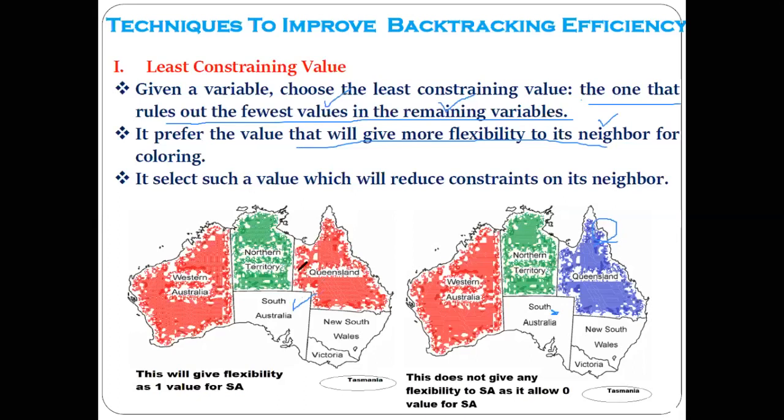For this reason, choosing the red color is reducing the constraints on the neighbor. What is the neighbor of Queensland? South Australia. Now, choosing the red color here, there is a reduction of the constraint on its neighbor, South Australia. What do you mean by the reduction in the constraint?